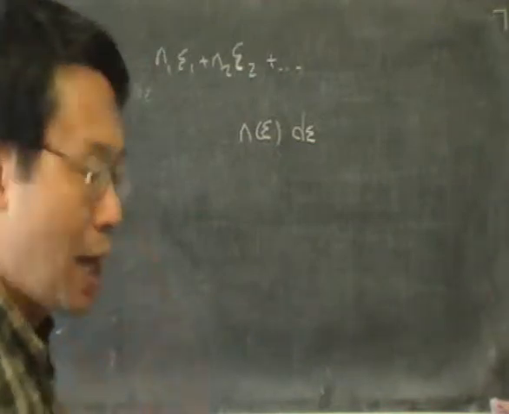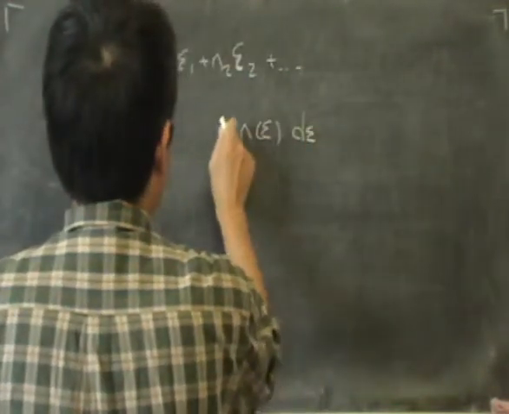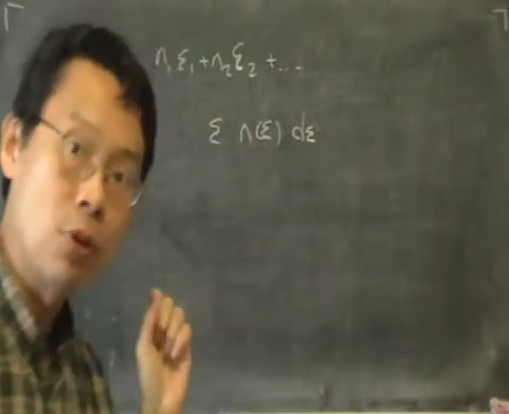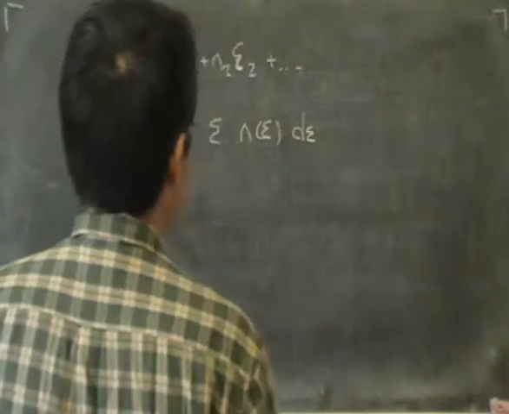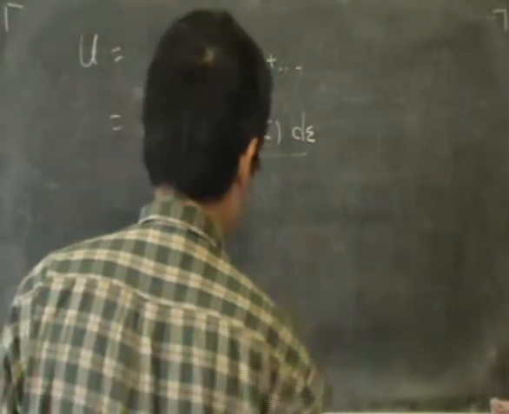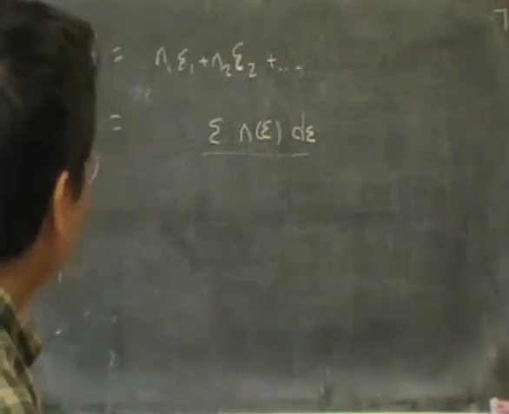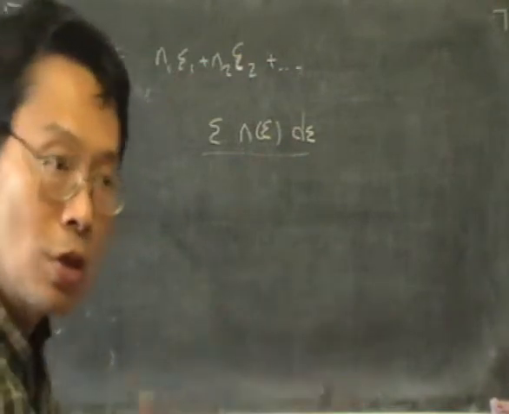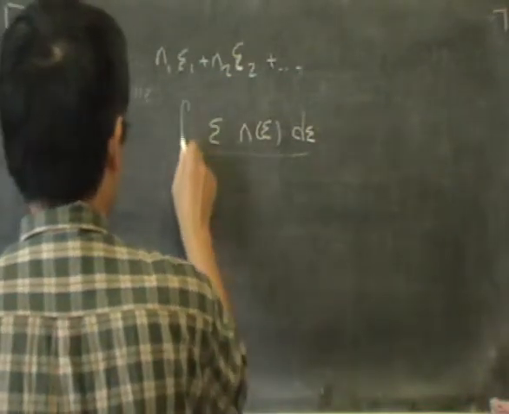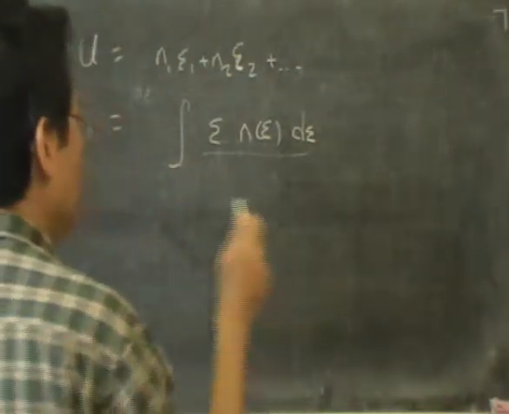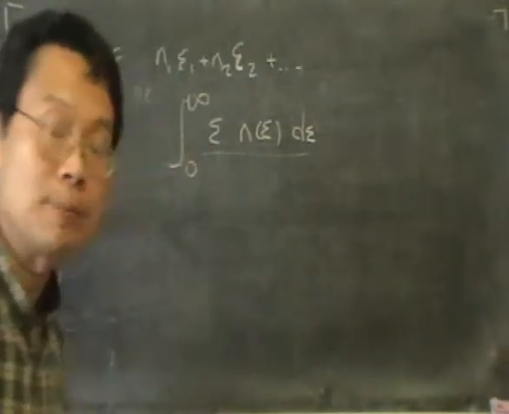And if I want to find the energy in that interval, I would multiply this number of particles by E, which is the energy for each particle. So having found the total energy in that interval, if I now want to find the total energy of all the intervals, and therefore of all particles, I would integrate it over the full range of energy, which is from 0 to infinity.